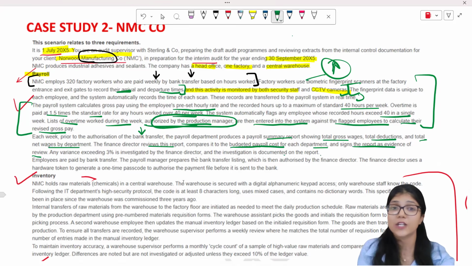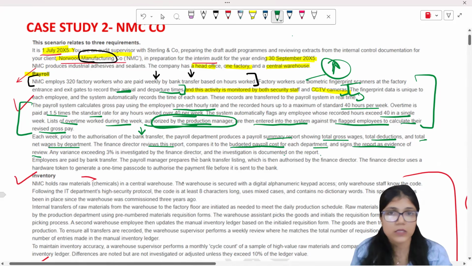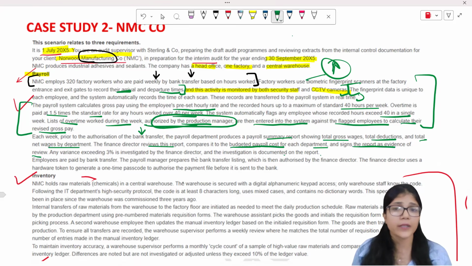Now, this is actually a very good control. You see, they are putting in so many efforts. This is not just one bare minimum thing. Before the authorization for bank transfer actually happens for the payroll, that means before you actually pay your employees via bank transfer, you are making a payroll summary for all of these things.